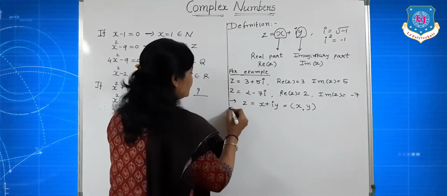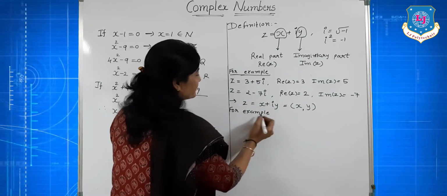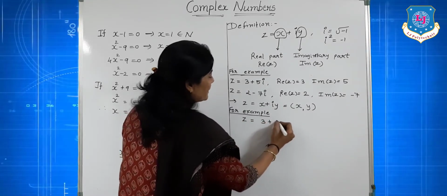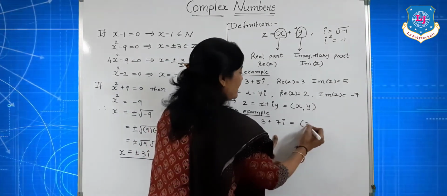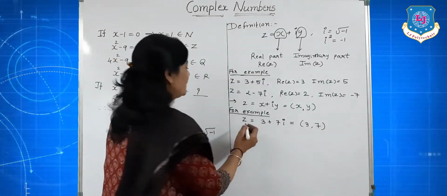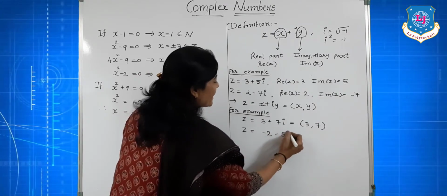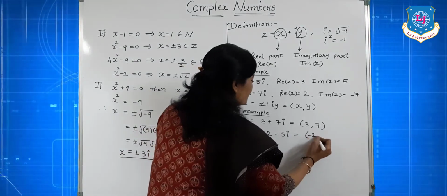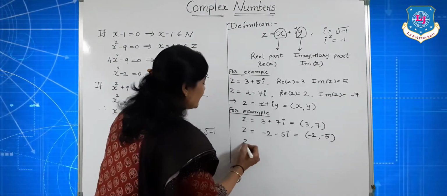For example, z is equal to 3 plus 7i is equal to the ordered pair (3, 7). For z is equal to -2 minus 5i, तो इसको हम रिप्रेजेंट करते हैं (-2, -5). Clear?